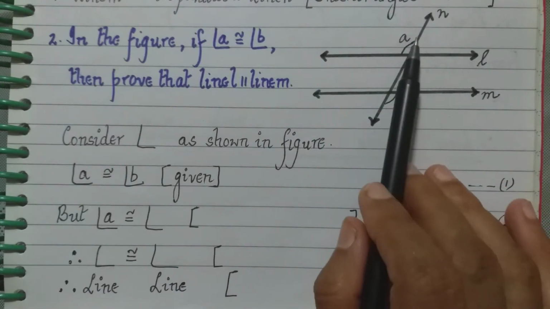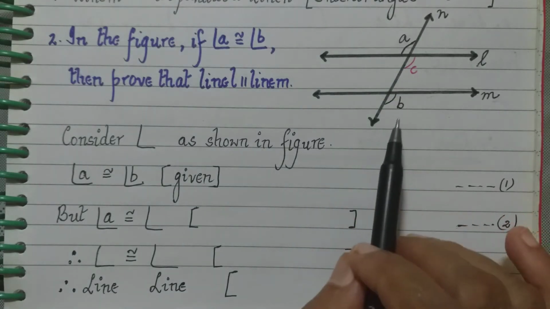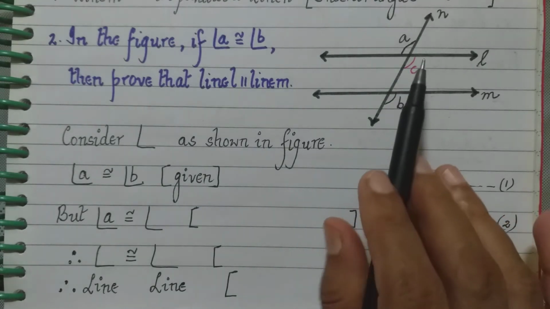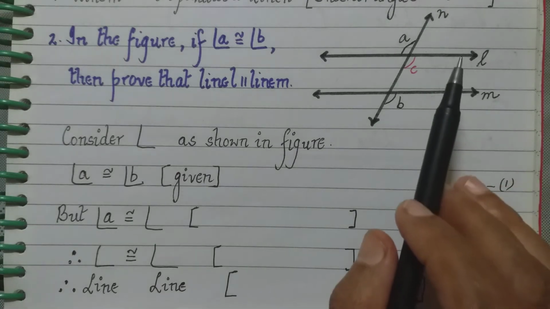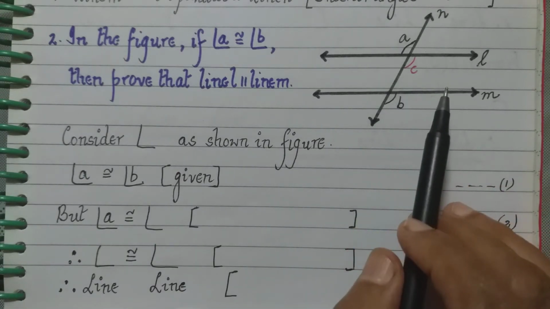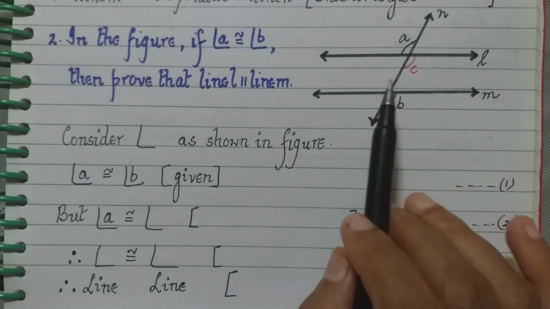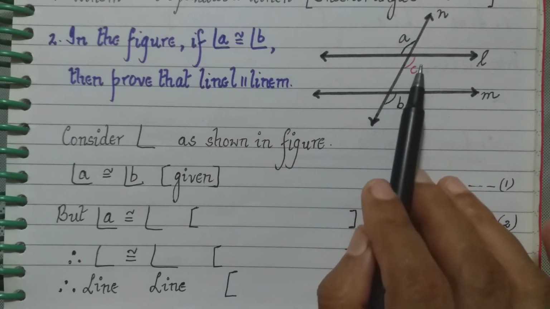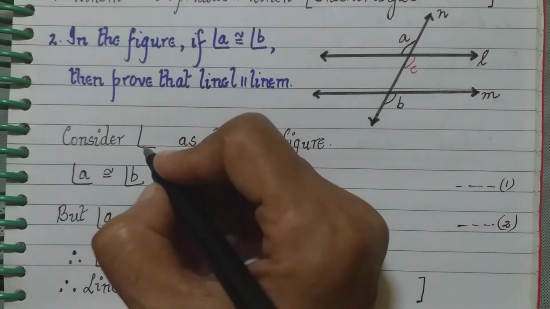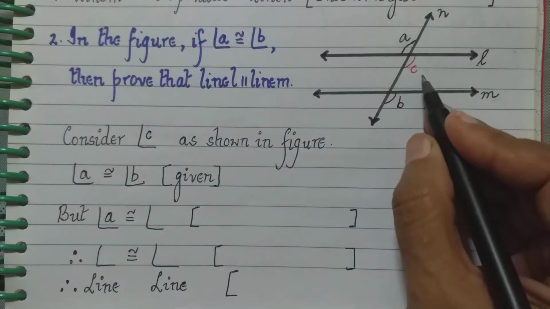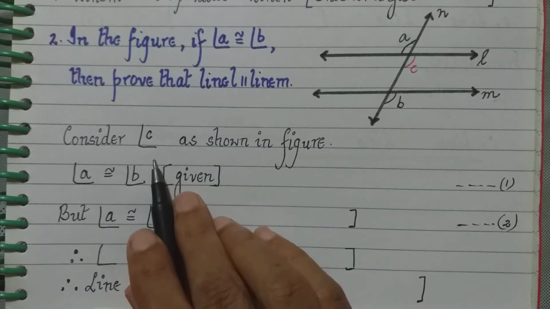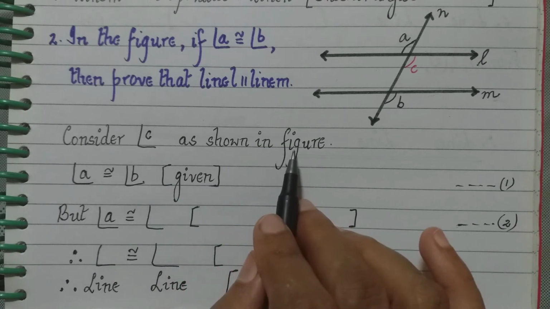They just gave us angle A and angle B. Now this angle C, you may write it or you may not write it. It is the same. So now here we see, consider angle C as shown in the figure.